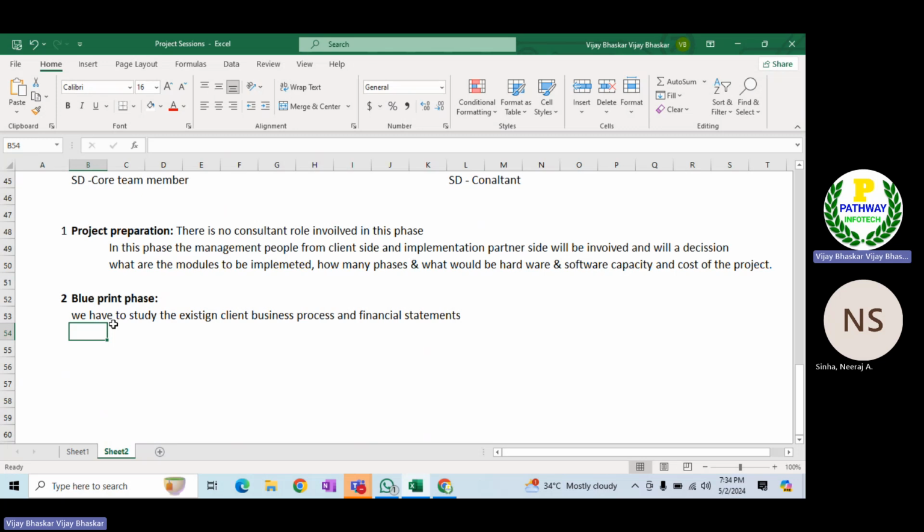Now we understood that process, whatever we have interacted about with the team members, so now we have got some information.